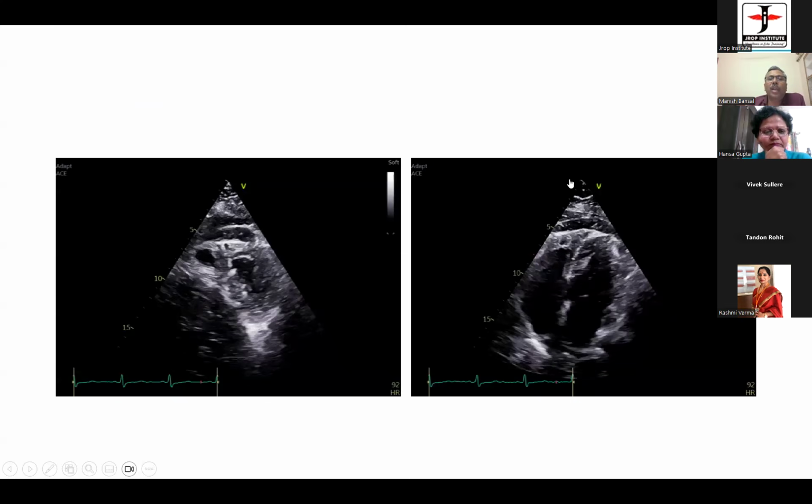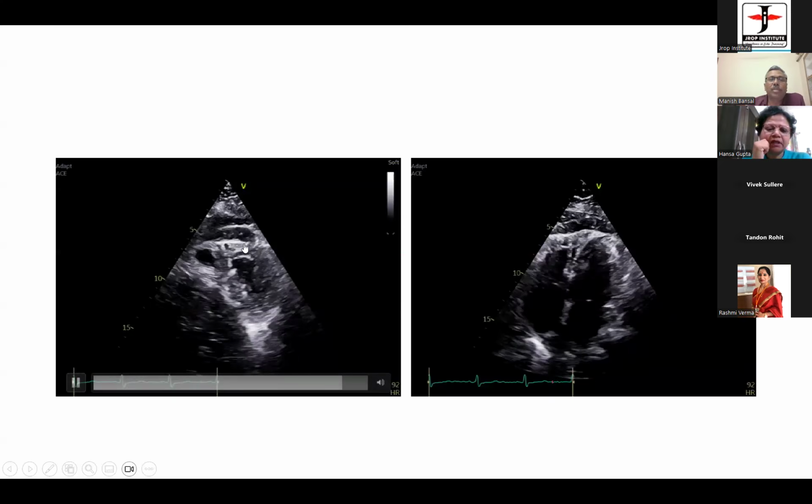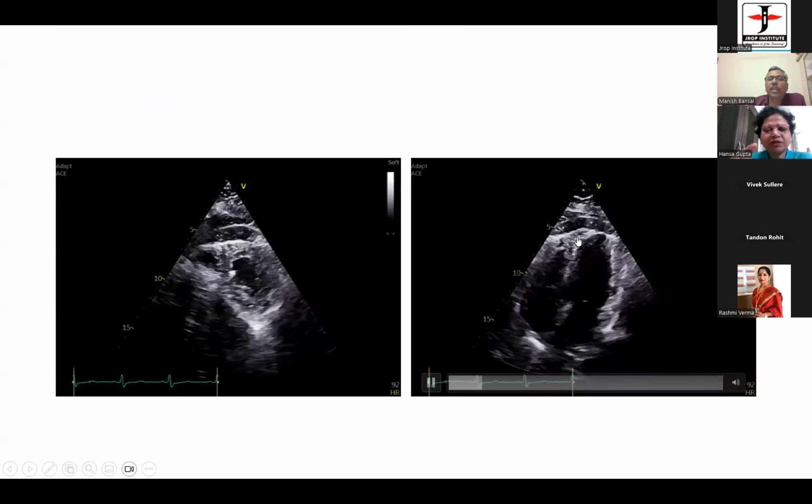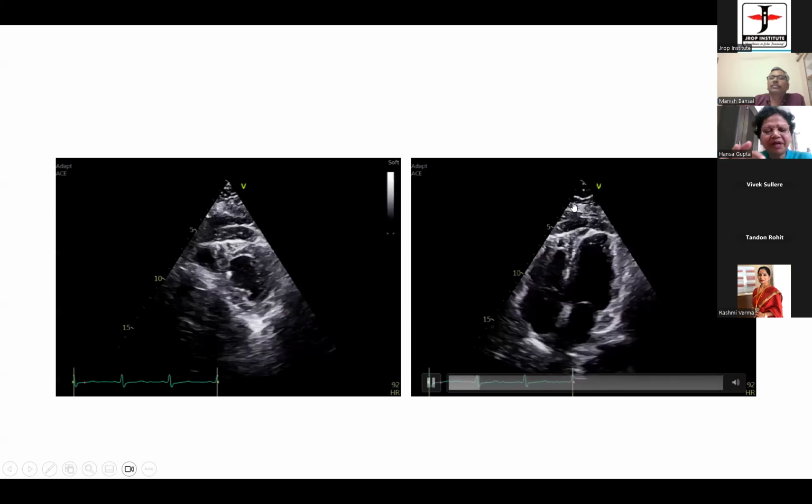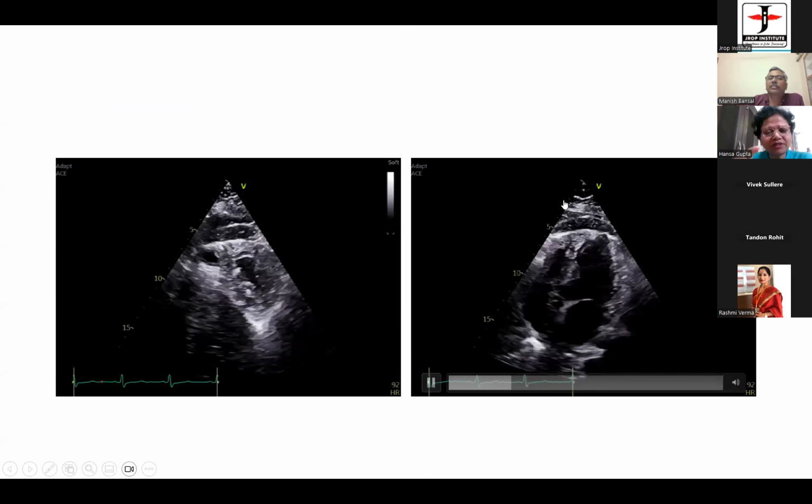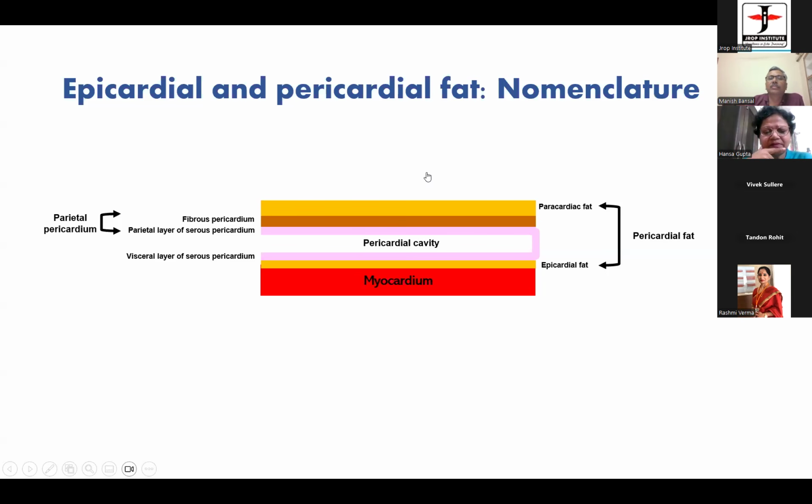Okay. So I have some examples here. Rashmi also showed some good examples. Dr. Manish, I'm just interfering here in the terminology. So the epicardial fat is also included in the pericardial fat? Yes, pericardial fat is both pericardiac and epicardial fat together.